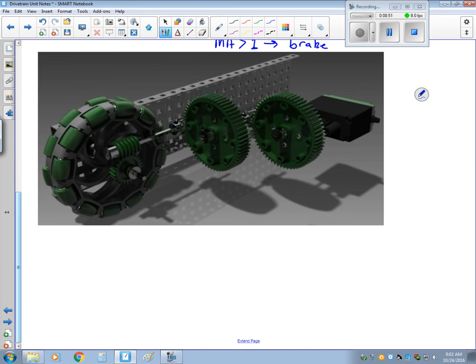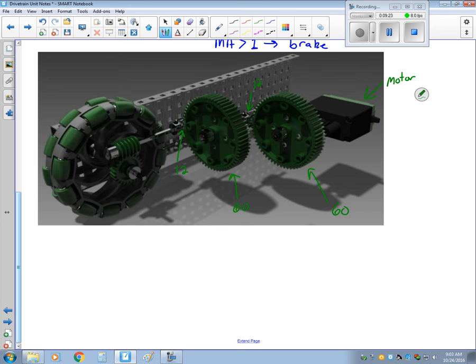Now let's take a look at an example where we have several things going on here. In this one right here, we've got our motor. Our motor is directly attached to a 60-tooth gear. The 60-tooth gear is attached to a 12-tooth gear, and on the same axle as that 12-tooth gear, we have a 60 that is attached to a 12.